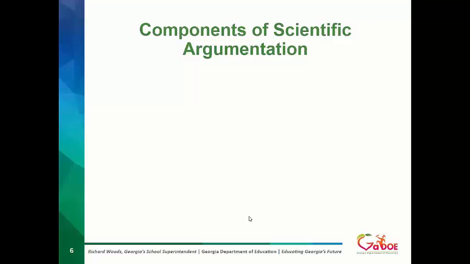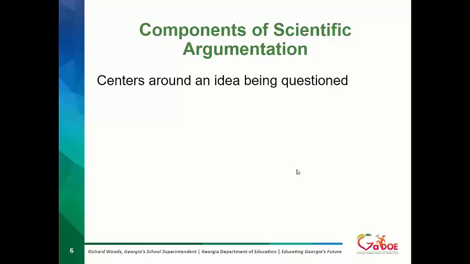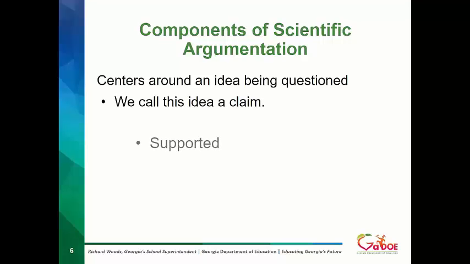So what are the components of scientific argumentation? One of the components is the idea that's being questioned, and we call this idea a claim. It's important for students to understand that this claim is tentative, and it can change.